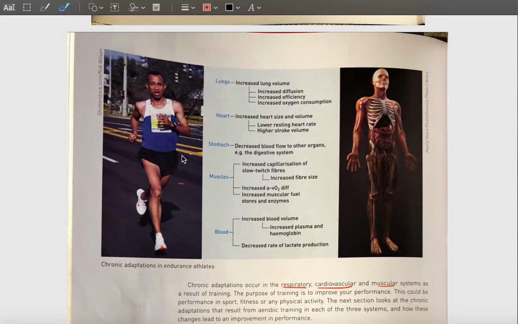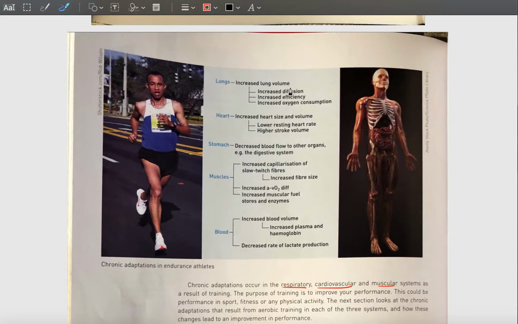Here's a summary of all of the changes that take place. Now, this is not just the cardiovascular system. This is respiratory and muscular as well, for if somebody is completing endurance running. So long distance, slower intensity running, the lungs will increase in their size.